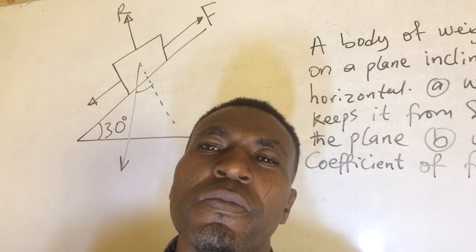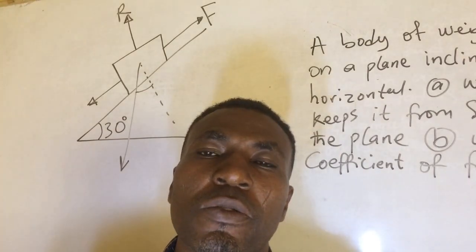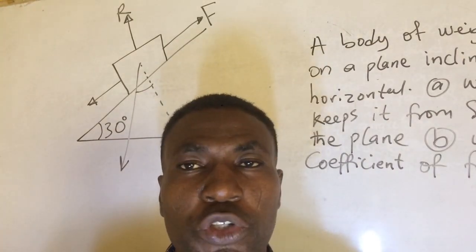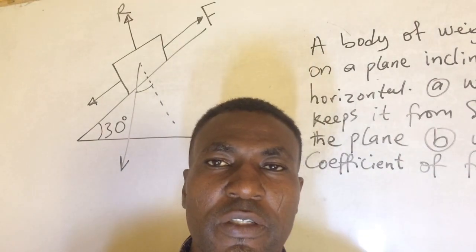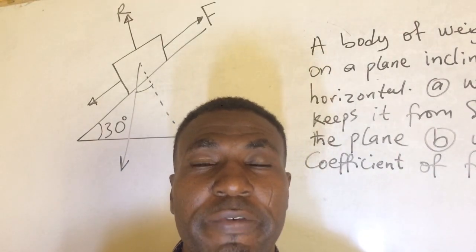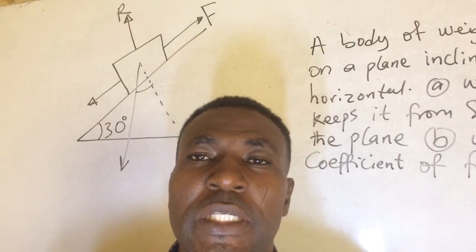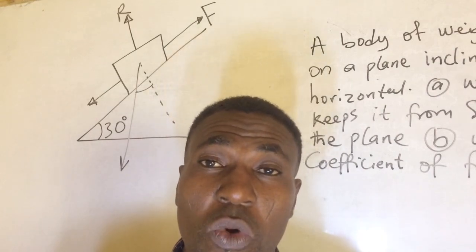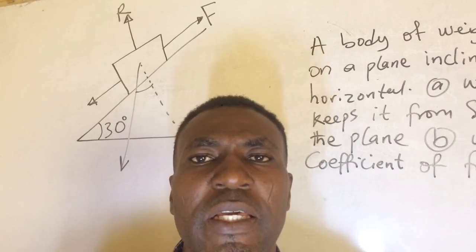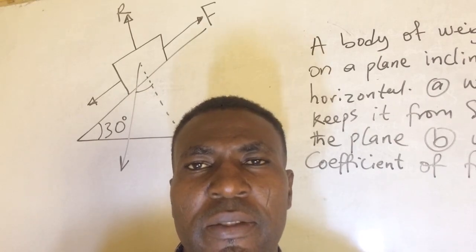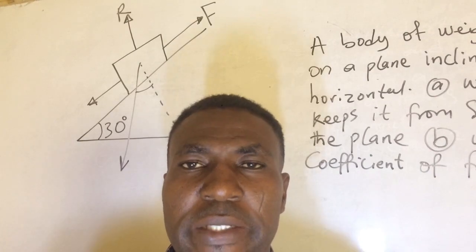You know, friction opposes motion. In fact, this friction has many benefits in our life. It is because of this friction we can walk comfortably. Think of a place that is slippery.